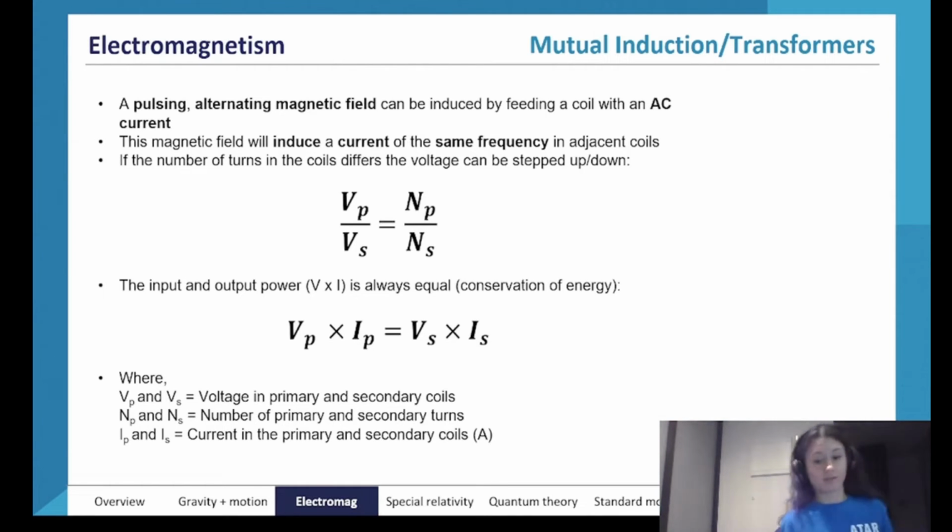You only have like regular appliances. So what you want to do is change the voltage. And how we do that is using our step up, step down method with our two coils.